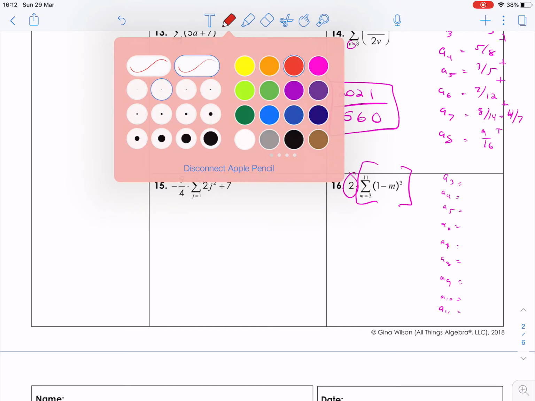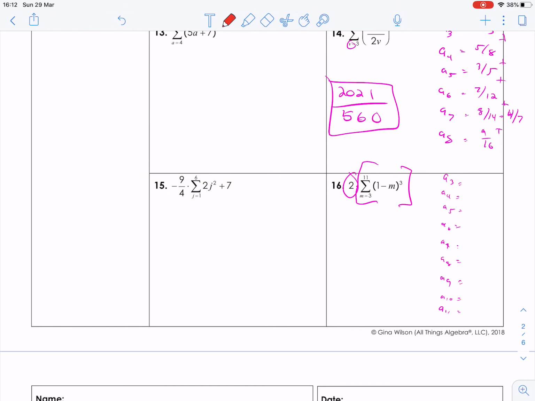Cool. And A3 would be negative 2, negative 8. And then A4 would be negative 27, and then negative 64, and then negative 125, and then negative 216, and then negative 343, and then negative 512, negative 729, and negative 1000.